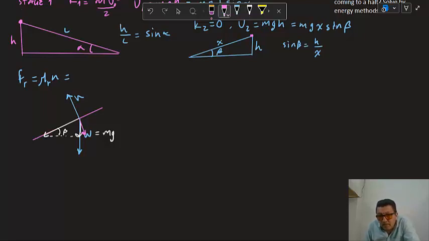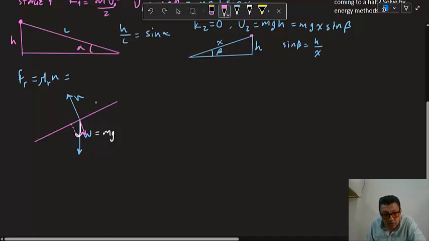We have two components for this rectangle. But now we have this figure, and we have the problem of finding the friction.